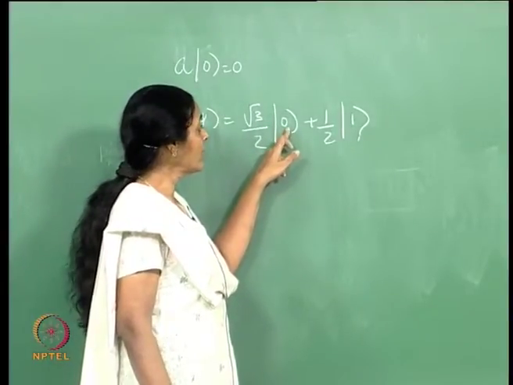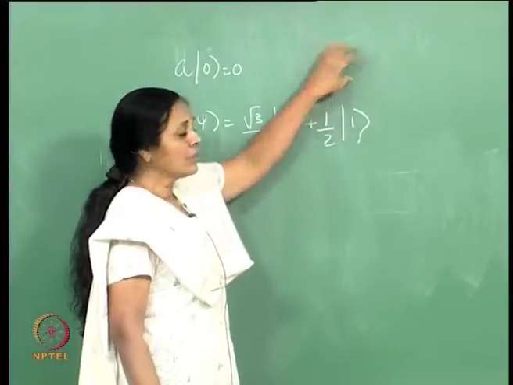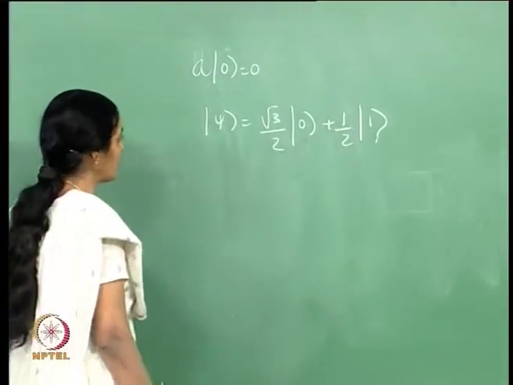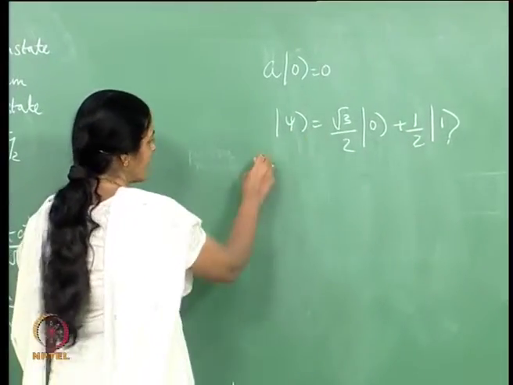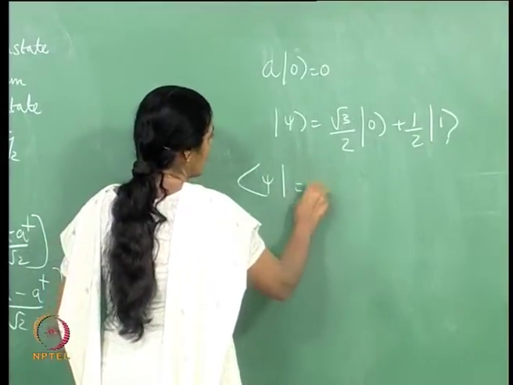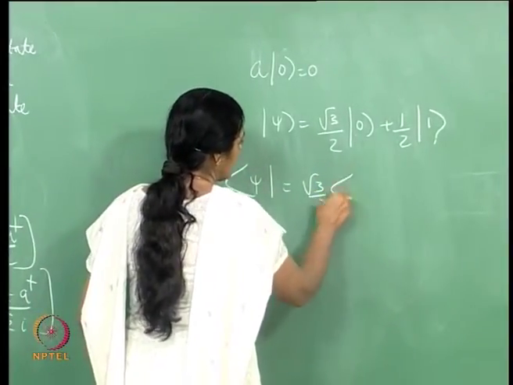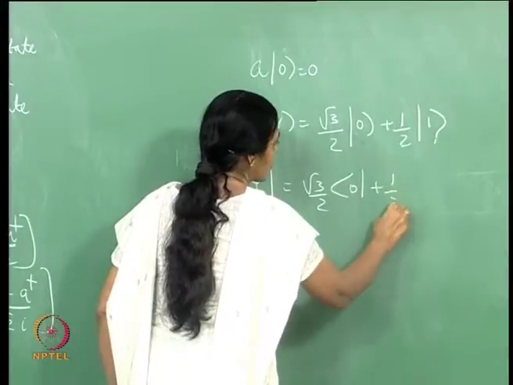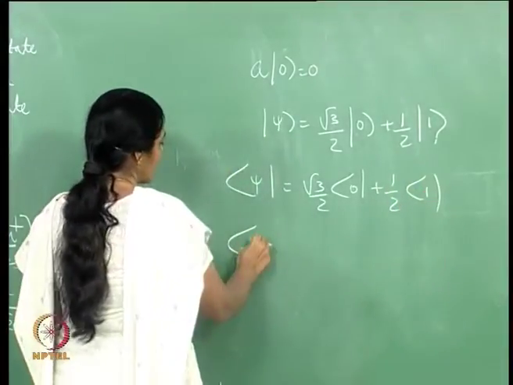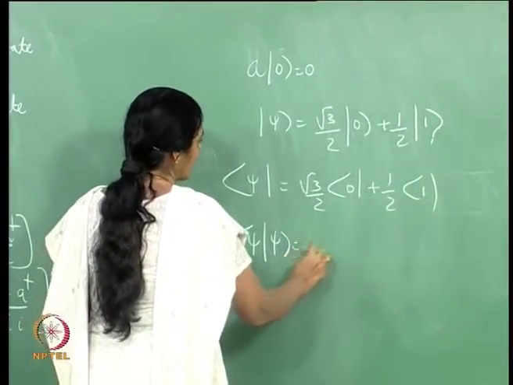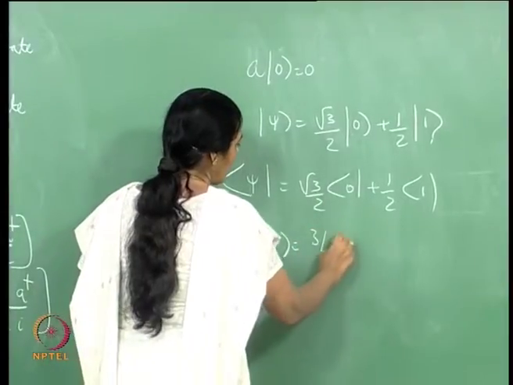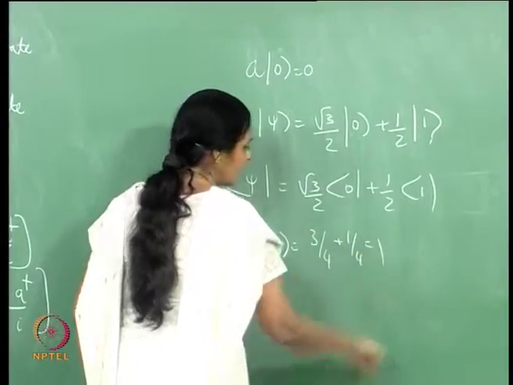A dagger on ket 0 gives me ket 1 with a root 1 in front as a coefficient. This is a normalized state because it has been constructed such that the inner product of psi with psi is 3/4 plus 1/4, and that is 1.